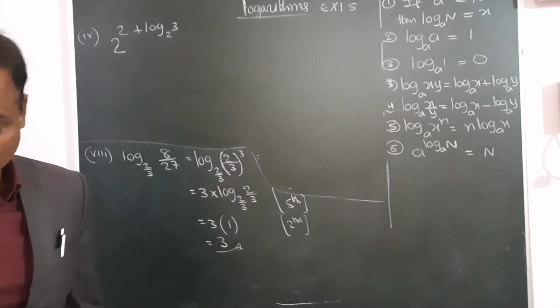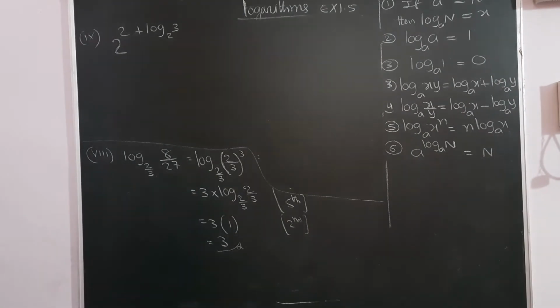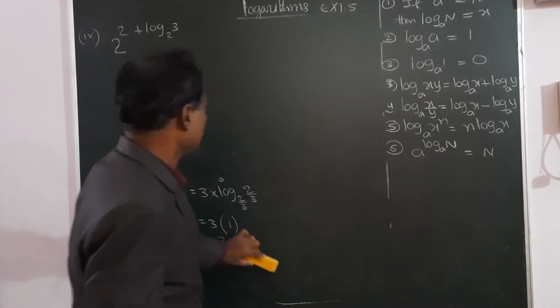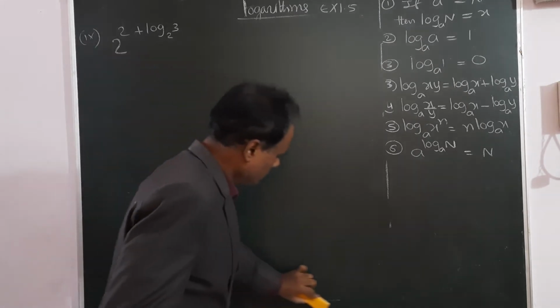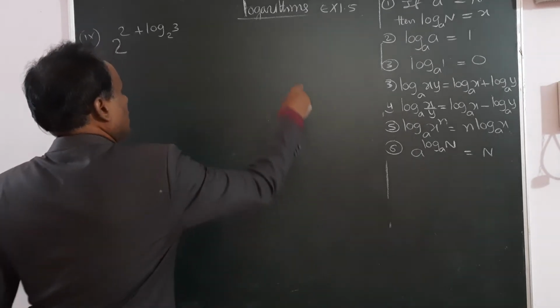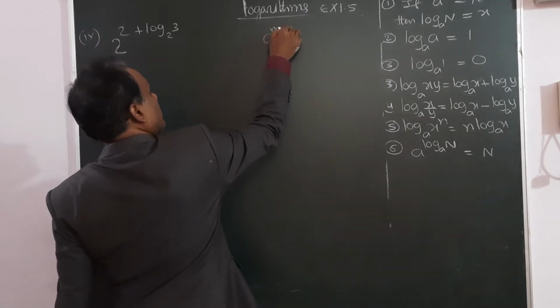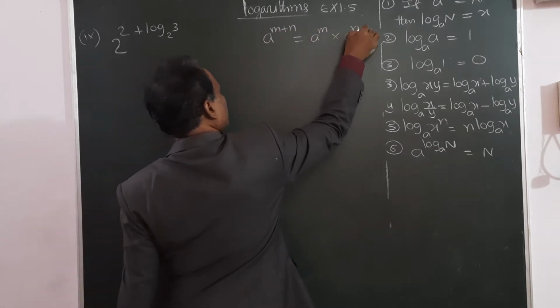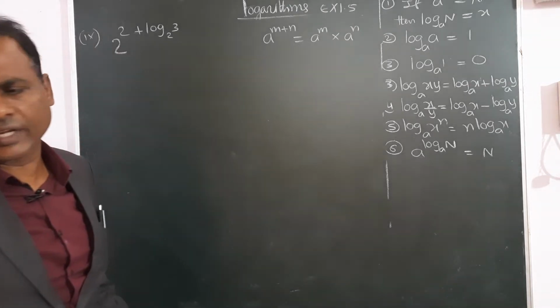2 power 2 plus log 3 to base 2. Simplify it. Determine the value. See, a power m plus n is equal to a power m into a power n. This is a simple exponents formula we studied in the lower classes.